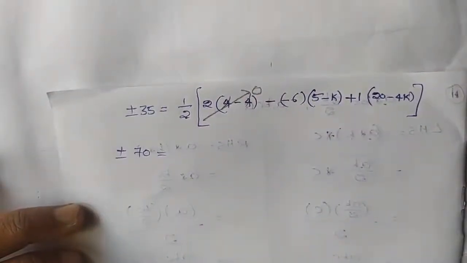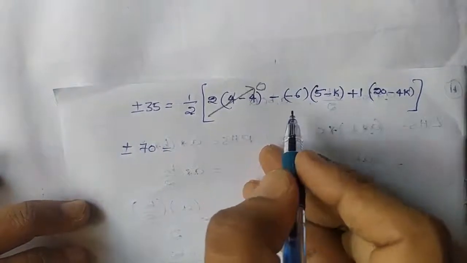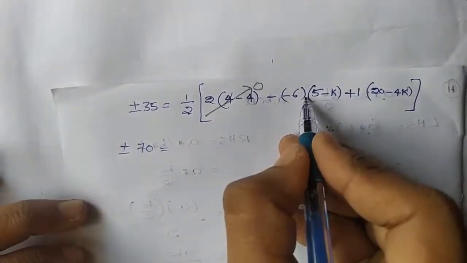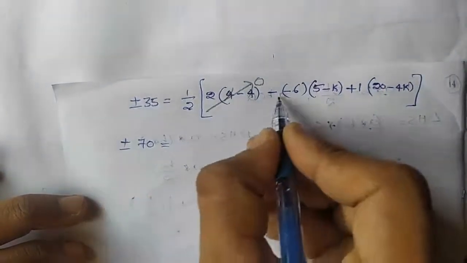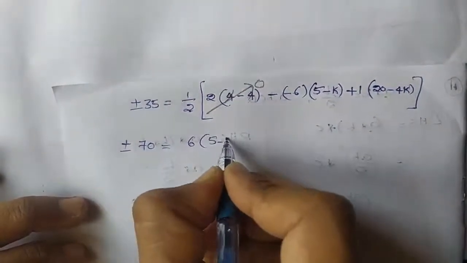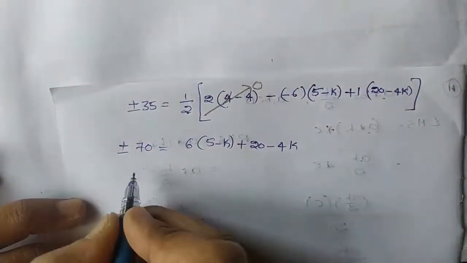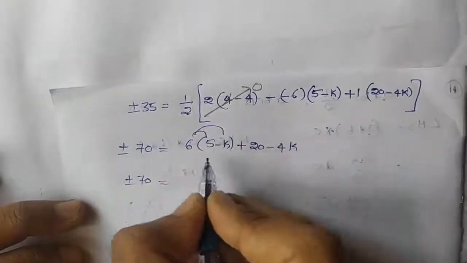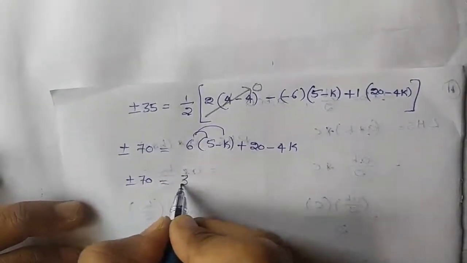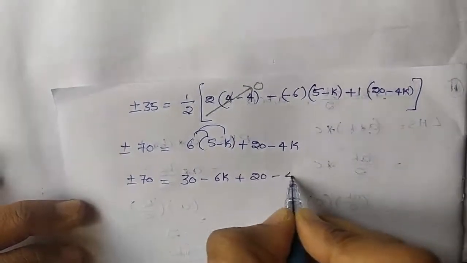Next, what about minus 6? Minus 6 into minus is plus 6. So plus 6 into 5 minus k plus 20 minus 4k. Plus or minus 70 equals, multiply this 6 inside: 6 into 5 is 30, 30 minus 6k plus 20 minus 4k.